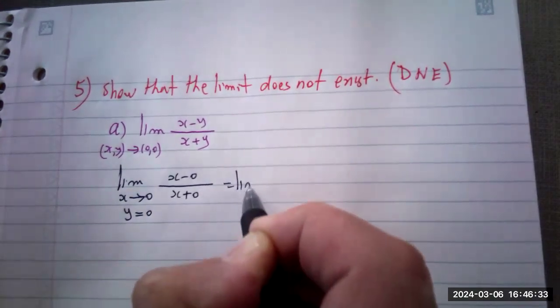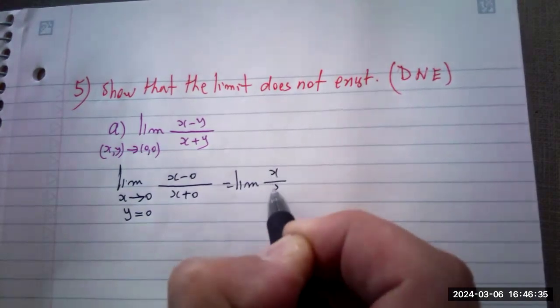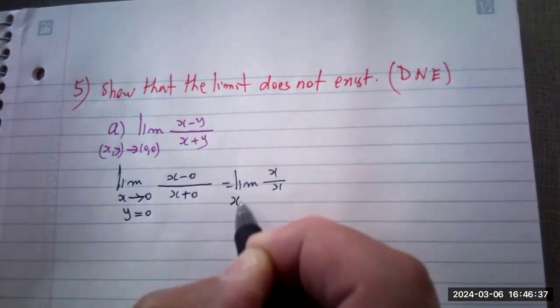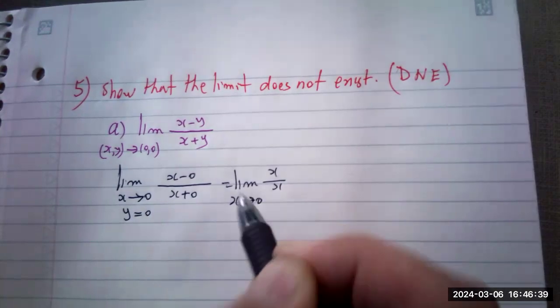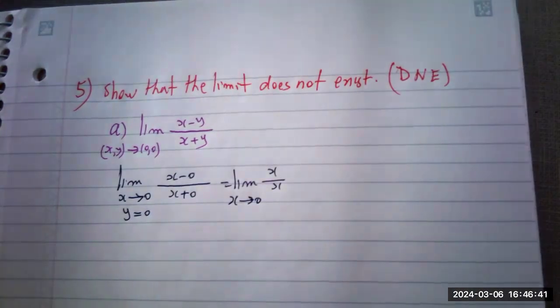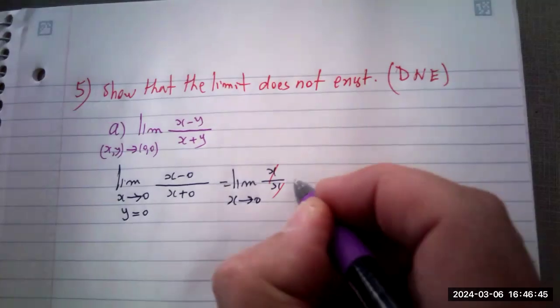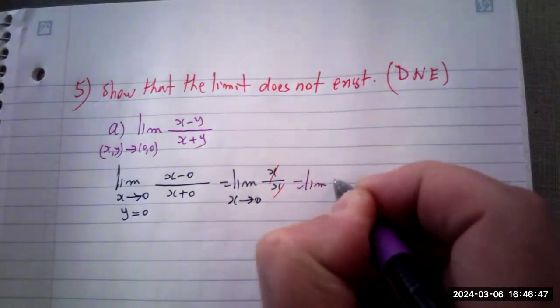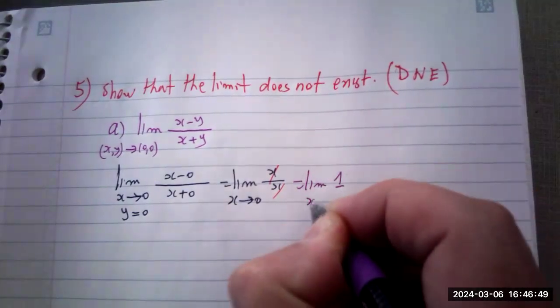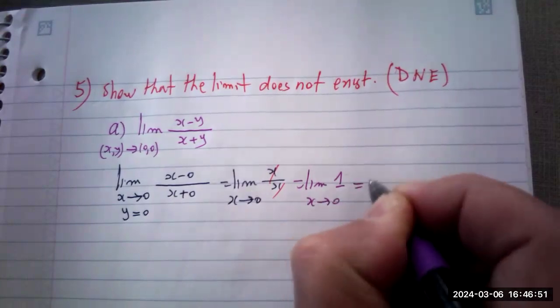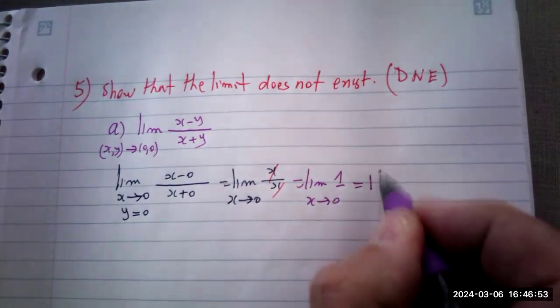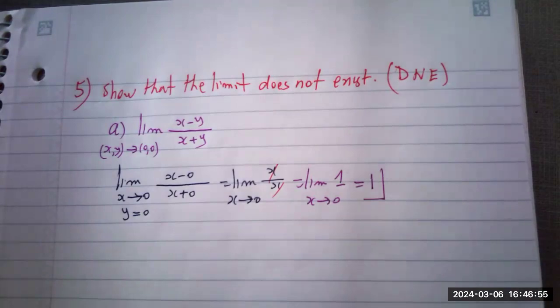So that gives a limit of x over x. There's no y, just x goes to 0. x goes to 0, x is not equal to 0, so we can simplify the top and the bottom first. It's not 0 over 0. It's going to be the limit of 1 when x goes to 0, and the limit of 1 is 1. So this is in one direction. Any question?